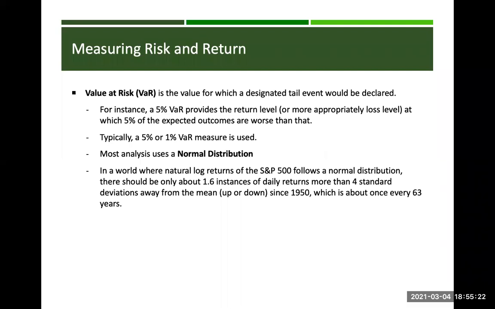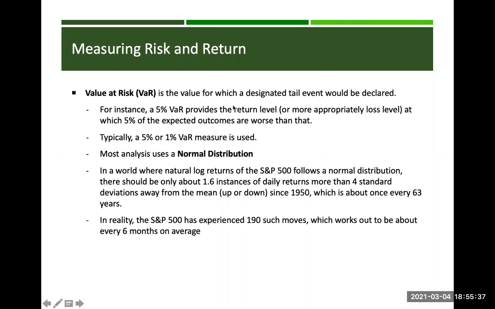And so that means you should only expect a 4 standard deviation move, whether it's the upside or the downside, about once every 63 years. In reality, we actually have them about once every 6 months. We've had 190.